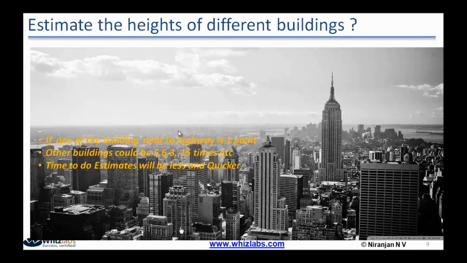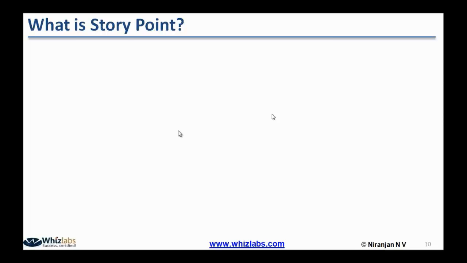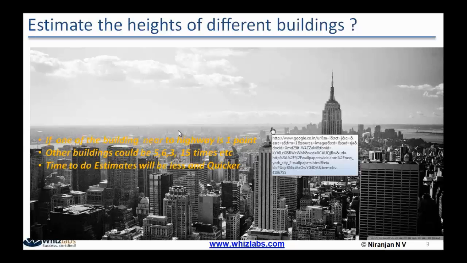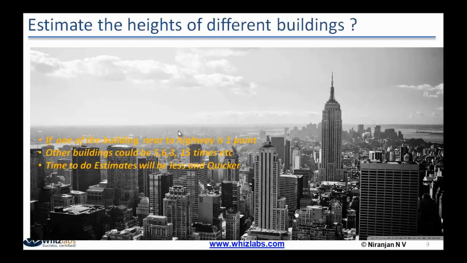One can say this building is 5, this is 6 times, this could be 10 times, this could be 15 times, something. Okay. So when we are doing this relative estimation, the time it takes will be less and it is quicker. So this is very important, why we use this concept of relative estimation in Agile.